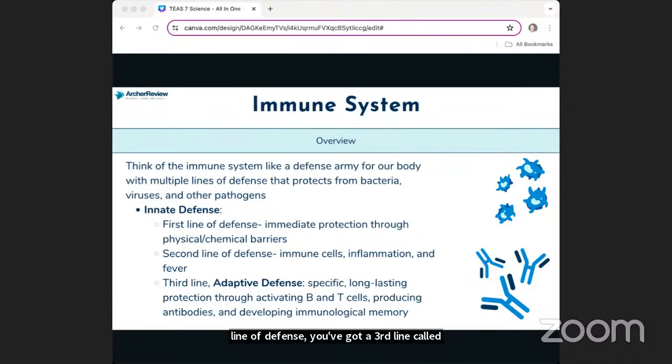This is specific, long-lasting protection because it activates very specific immune cells called B and T cells. These cells produce antibodies, developing an immunological memory, meaning that if you ever encounter this again, your body remembers it and has antibodies for it, and hopefully can fight it off much more efficiently the next time.